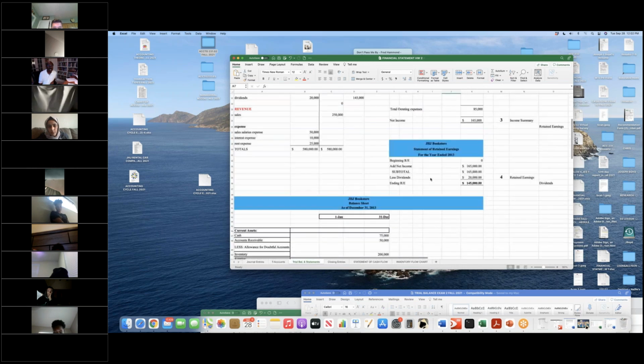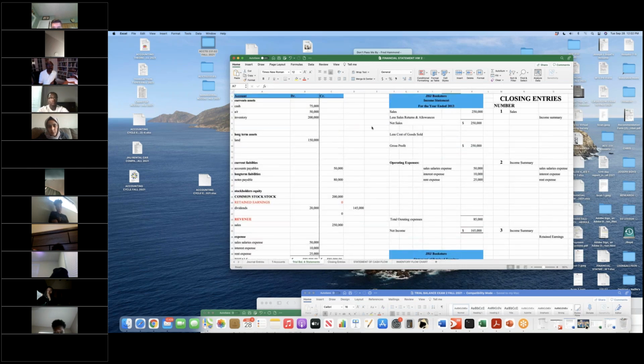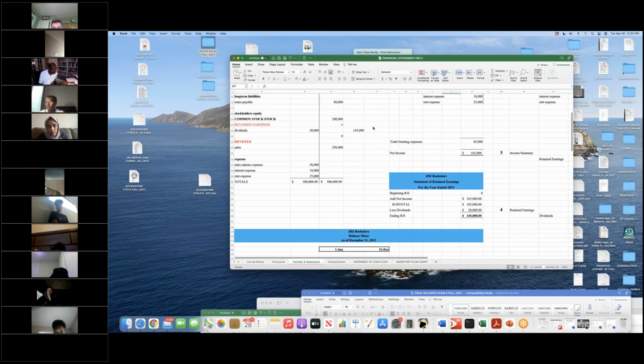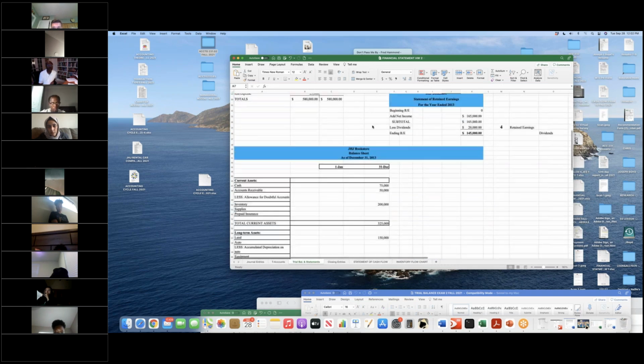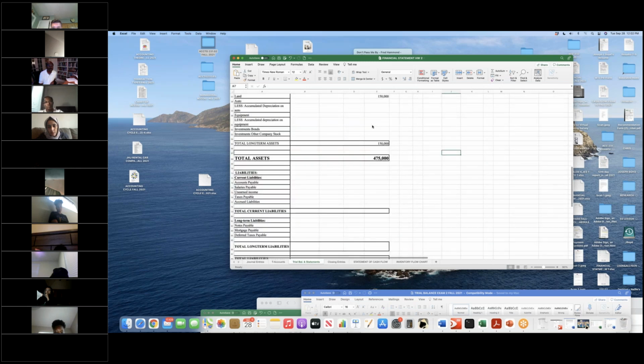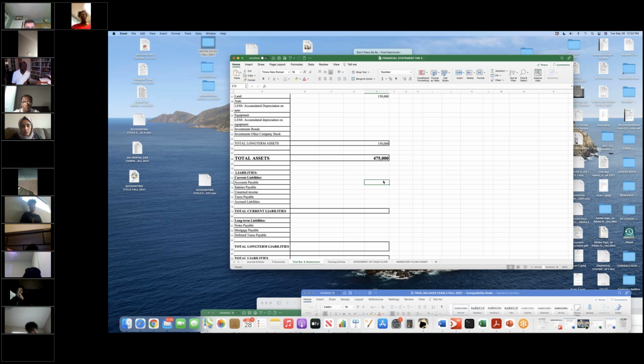Then we're going to go back up here and do a similar thing with what? Liabilities. So who's explaining that to us? Hicks? So how much we got in accounts payable? Anybody help her out? 50,000.